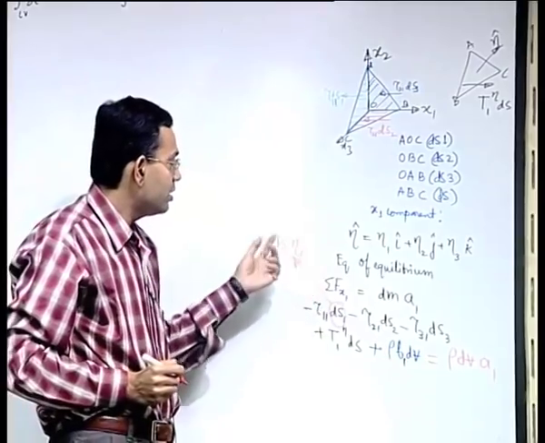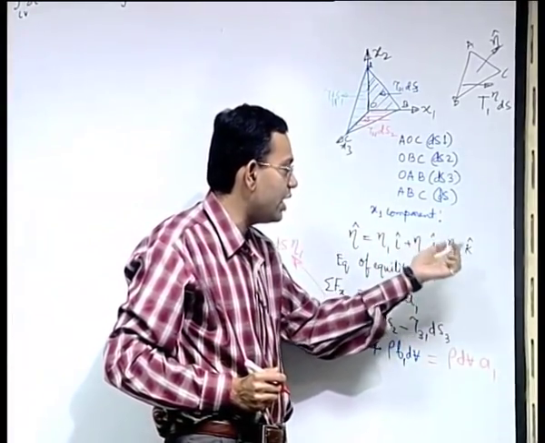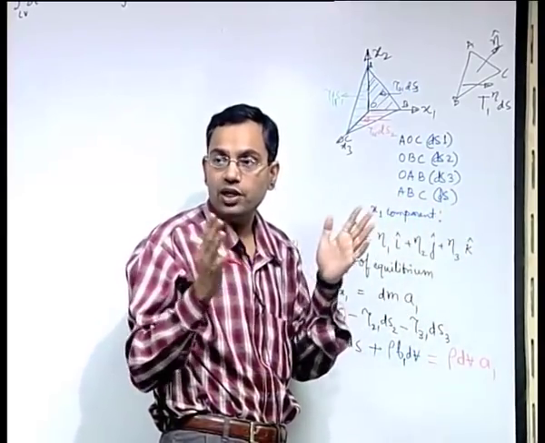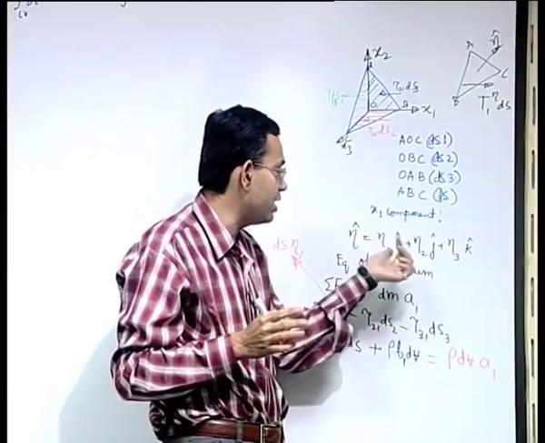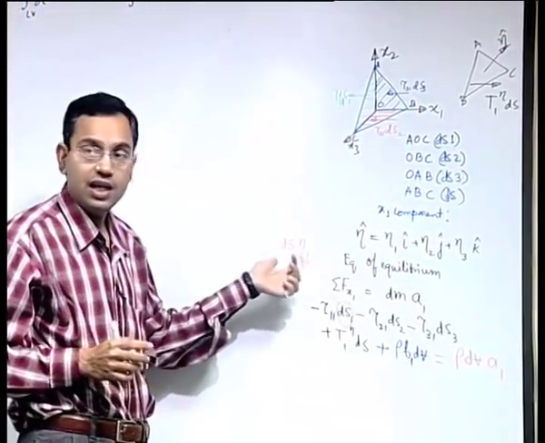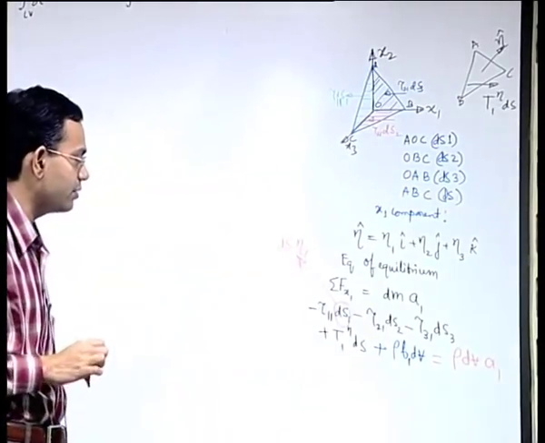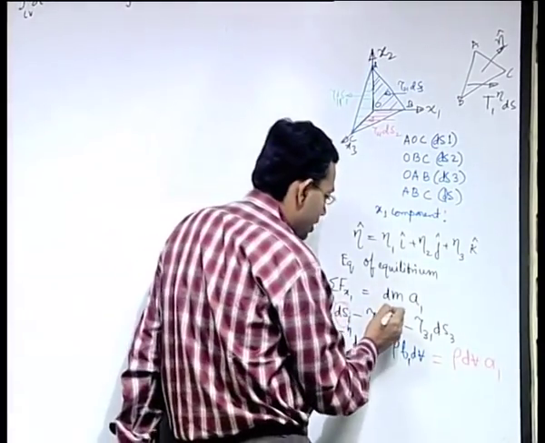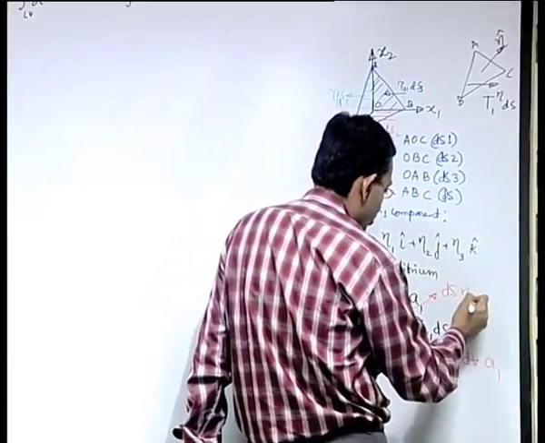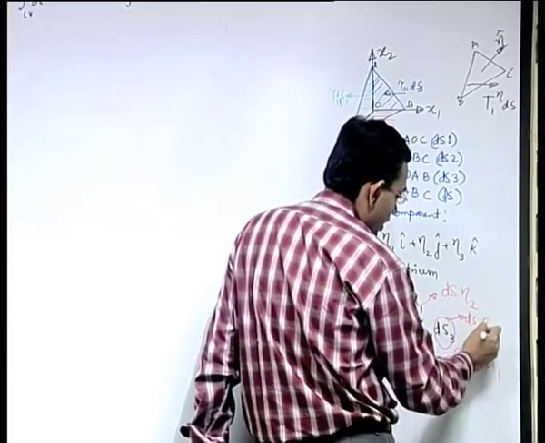So, you have eta 1 I plus eta 2 j plus eta 3 k dot with I. To get the component you make the dot product of two vectors. So, eta 1 I dot I becomes eta 1. So, it becomes ds eta 1, the component of ds along that direction. Similarly, this will be ds eta 2 and this will be ds eta 3.